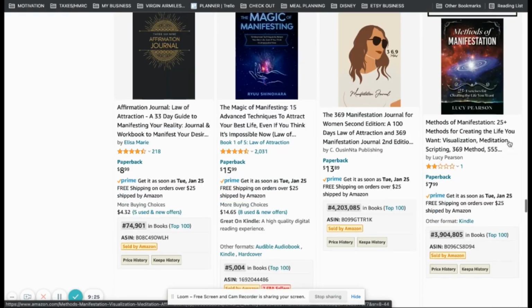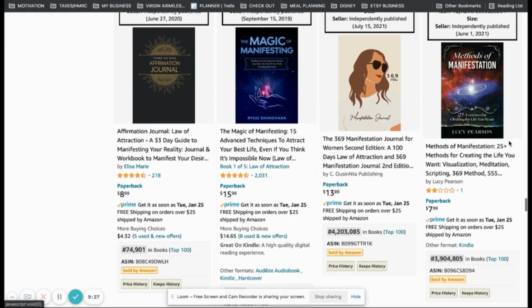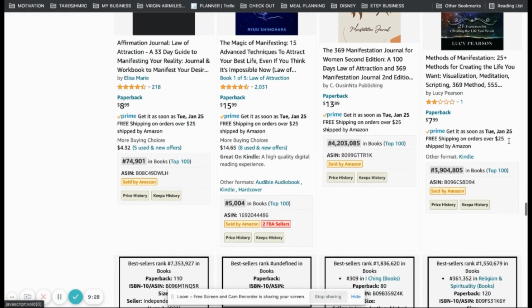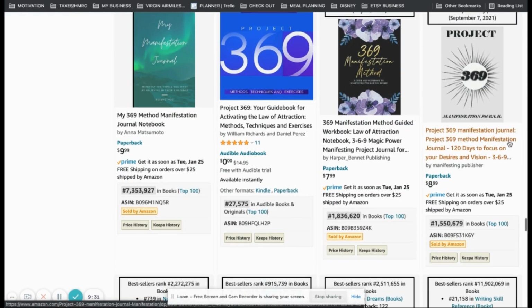I'm going to have a look in books and just see what the difference is. But it's interesting how by changing just a small keyword, you get to see so many more low content books. When we just put in the manifestation journal at the beginning, we saw all of those traditionally published books.